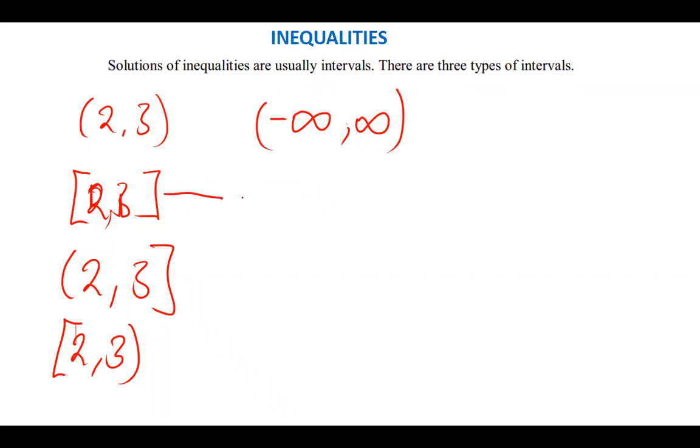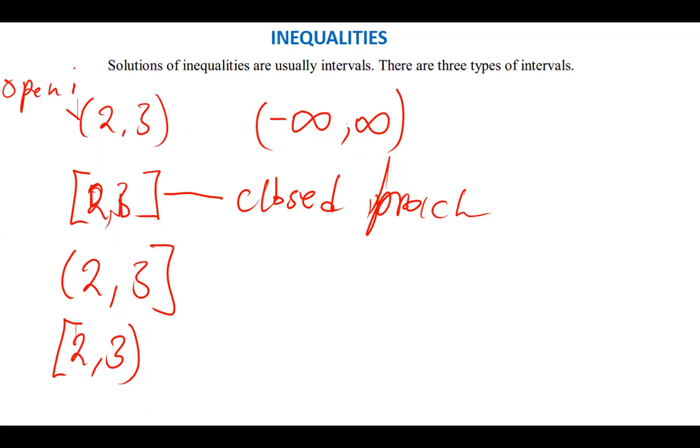These kinds of brackets are called closed brackets, and these kinds of brackets are called open brackets.